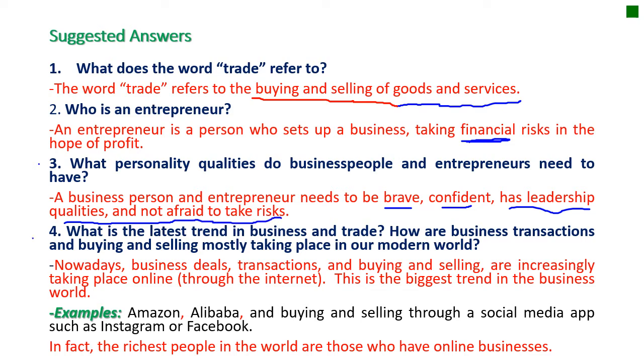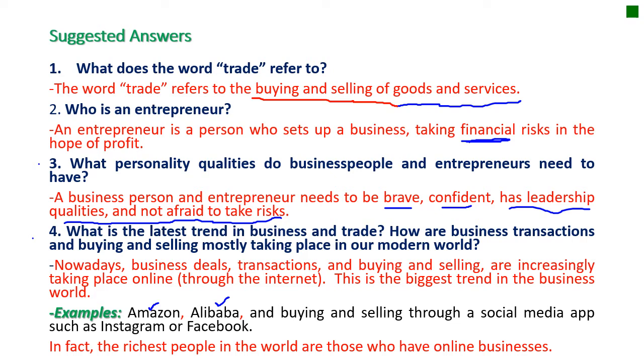Okay, number 4, what is the latest trend in business and trade? How are business transactions and buying and selling mostly taking place in our modern world? Nowadays, business deals, transactions, and buying and selling are increasingly taking place online through the internet. This is the biggest trend in the business world. And examples, vivid examples, are Amazon, Alibaba, OLX in Lebanon.